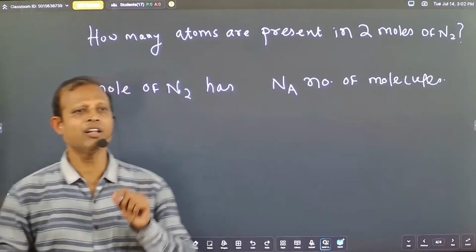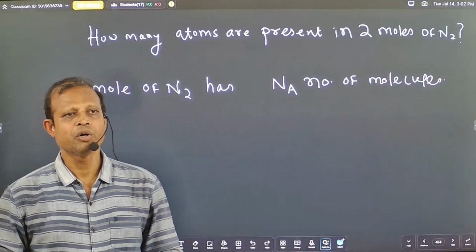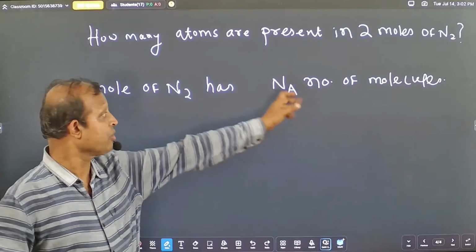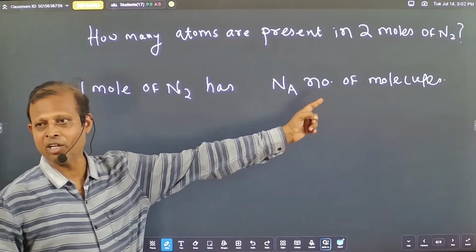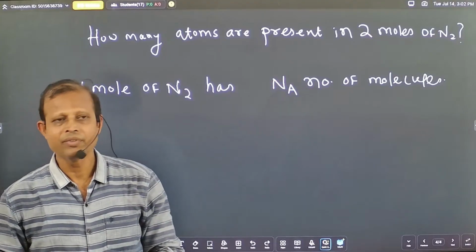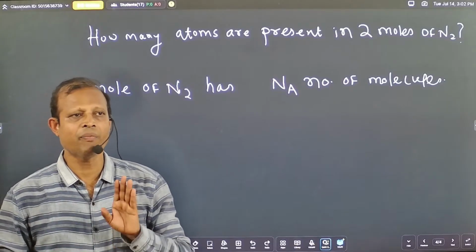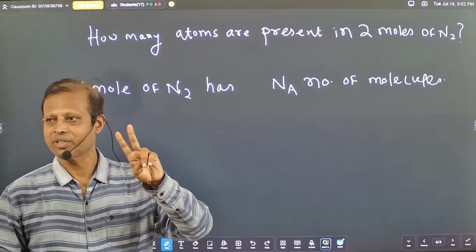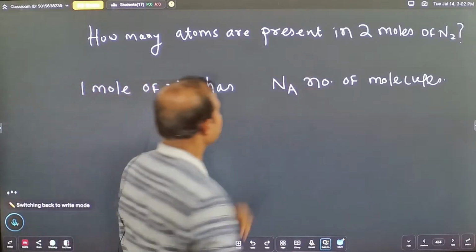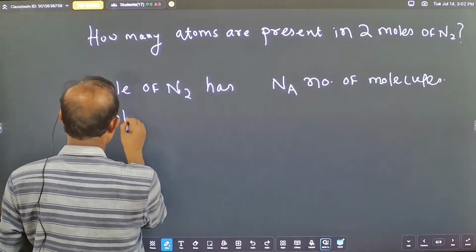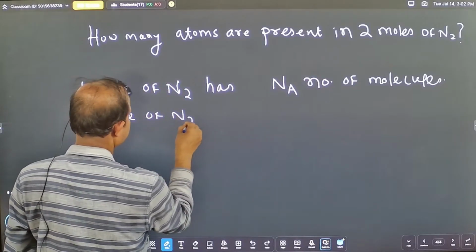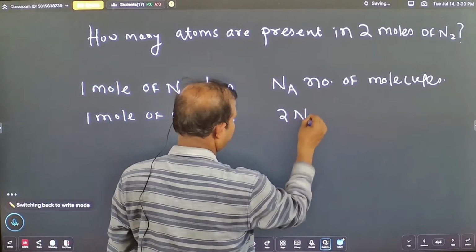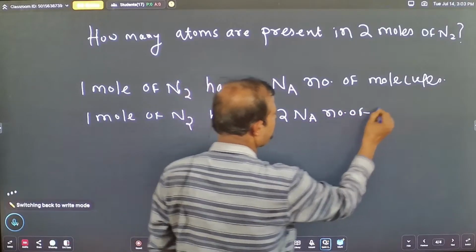But one molecule of N2 has how many atoms? 2 atoms, yes or no? As you know that one molecule has 2 atoms, so 1 mole of N2 has 2 Na number of N atoms.